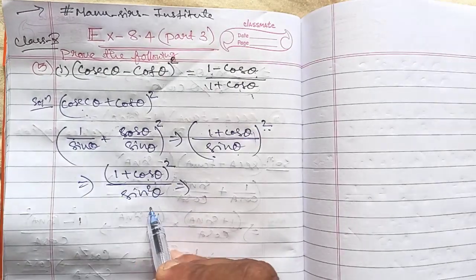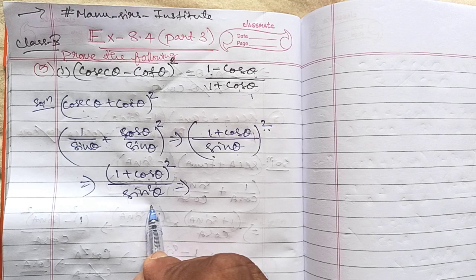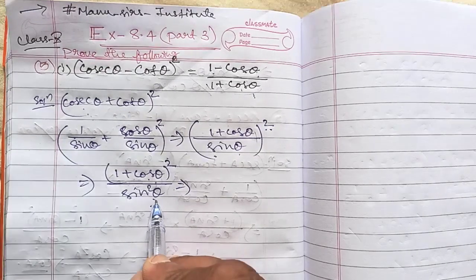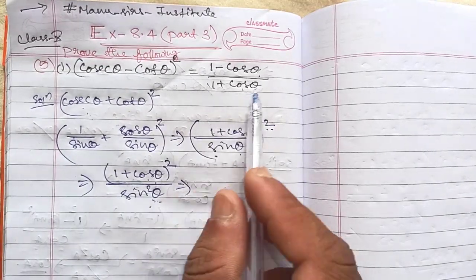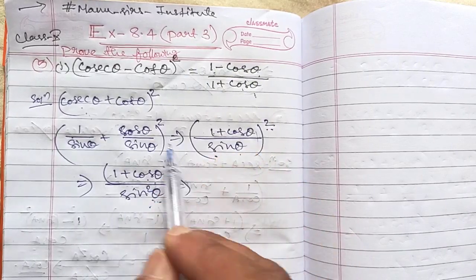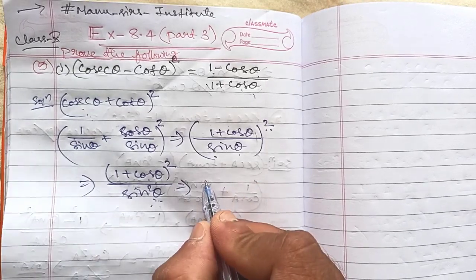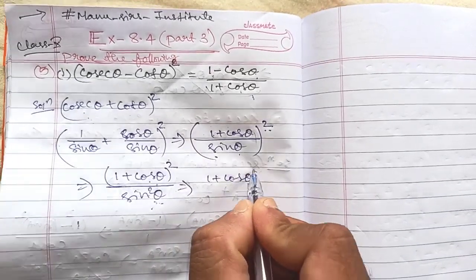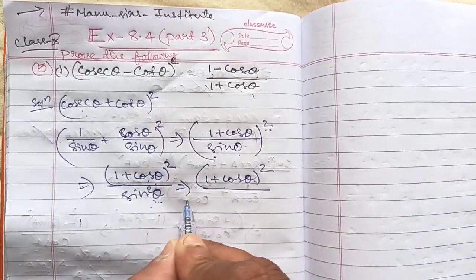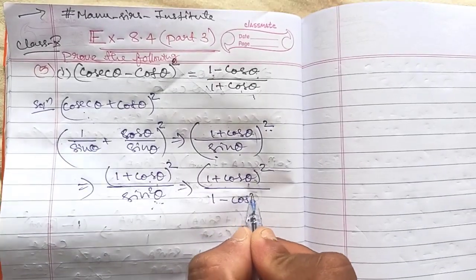Here the numerator is in cos but the denominator is in sine, so we have to change this one into cos. You have to look at the RHS as well as your steps while working. So 1 plus cos theta I will write as it is, and sine square theta I will write as 1 minus cos square theta.